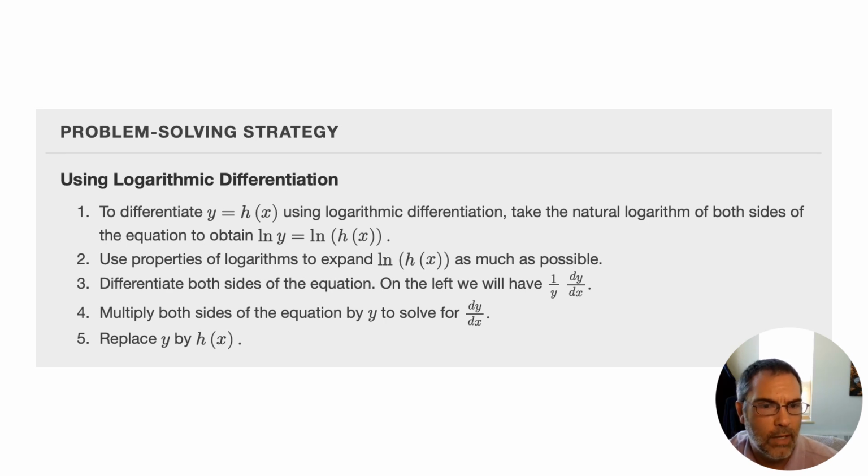The process is outlined here on the screen. Let's see it in an example. It will give you a very complicated looking expression, but the process that we go through gives us the answer using the tools that we've developed, like derivative of natural logs, chain rule, and implicit differentiation. So let's go through that in an example.